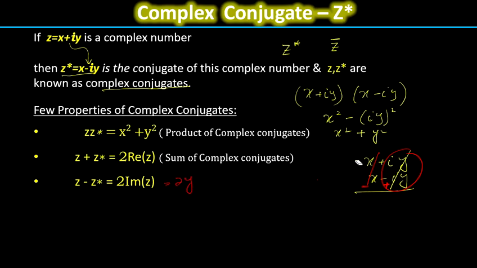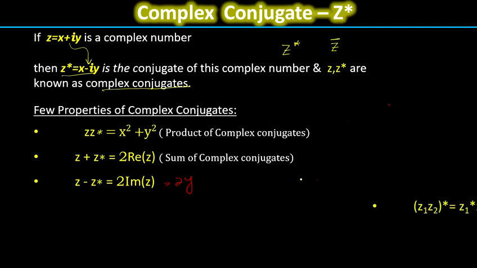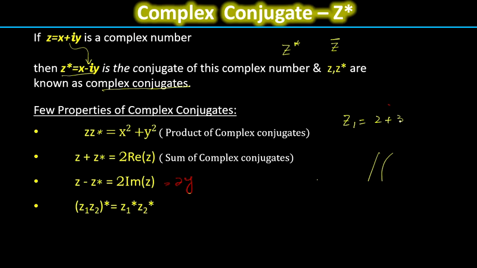Clear? Similarly, students, if you have to multiply two complex numbers and then find the conjugate, you can instead find the conjugate of each number and then multiply the conjugates separately. I'm leaving this for you. For example, I'm just writing an example here to check your understanding. Suppose I have this complex number and another complex number, suppose this.